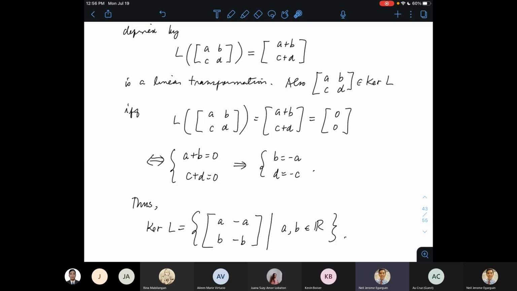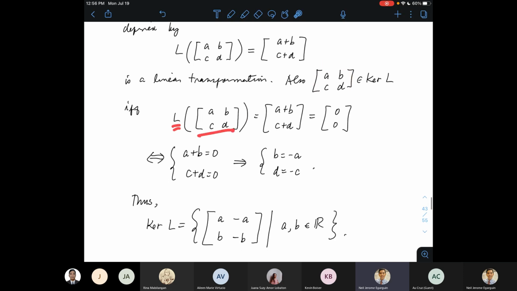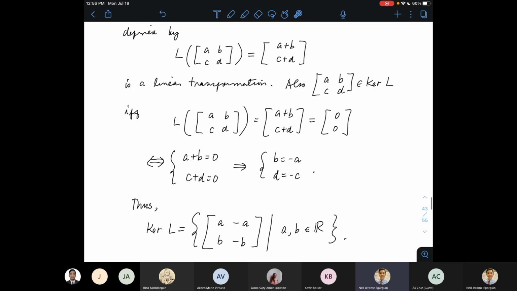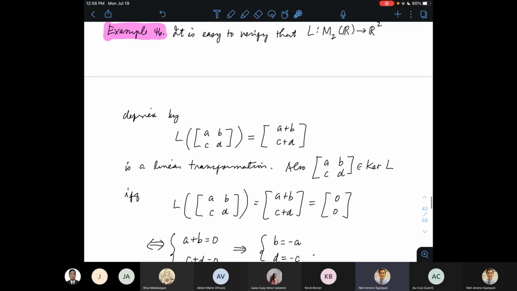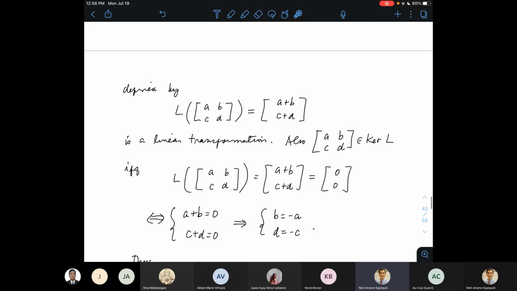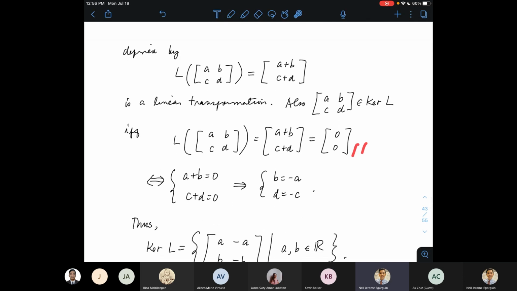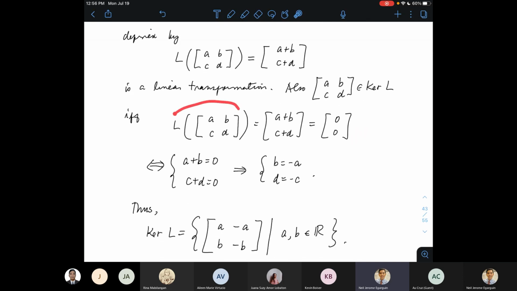So again, for the kernel, we need to take an arbitrary member of the domain and say that this element of the domain will be in the kernel if and only if the function value of that element is equal to the 0 vector in the codomain. The codomain is R squared. So the 0 vector in R squared we know is 0, 0, right? So we'll simply need to equate L of A, B, C, D to the 0 vector 0, 0, all right?